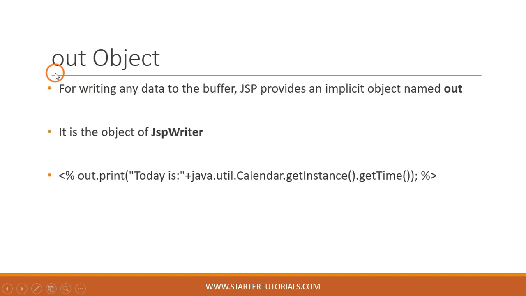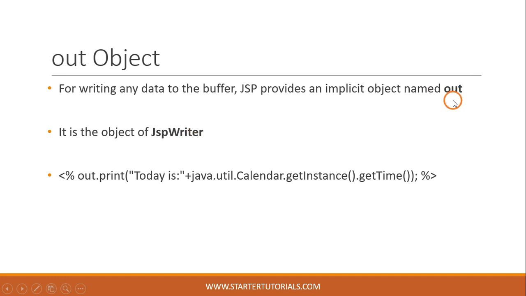As I already told you, we are going to use this out object for printing some text on a JSP page. This out object is used to write data to the buffer. As I have shown you in the previous slide, this out object belongs to the class JSPWriter.